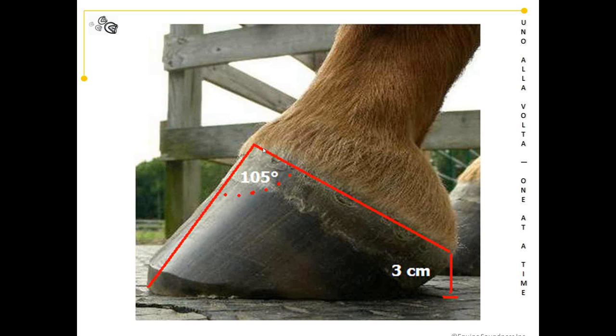If you have a shallow hairline, all you need to do is measure that hairline, pile down a 105-degree angle, this is a front foot, to determine where the breakover has to be.